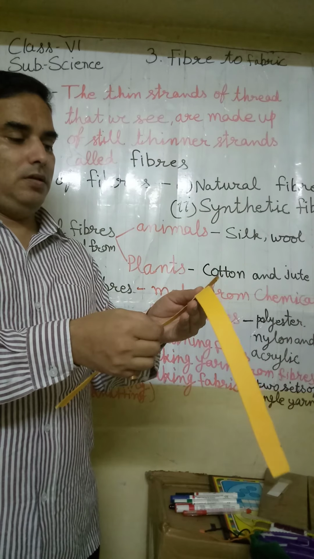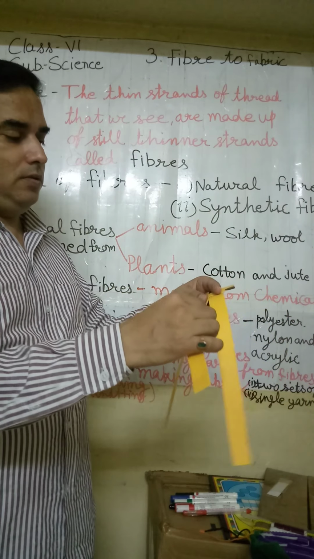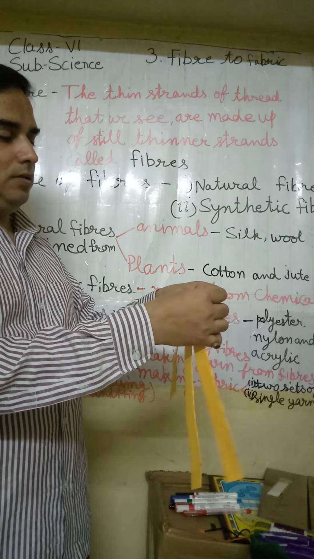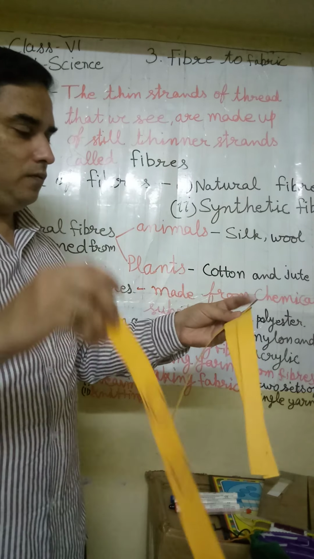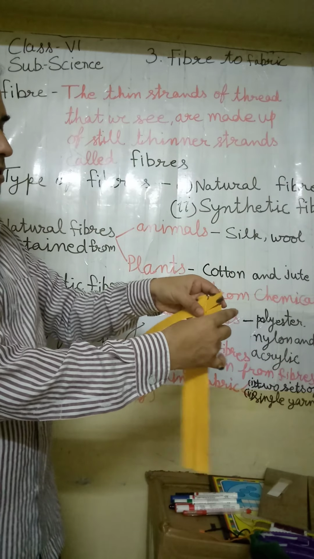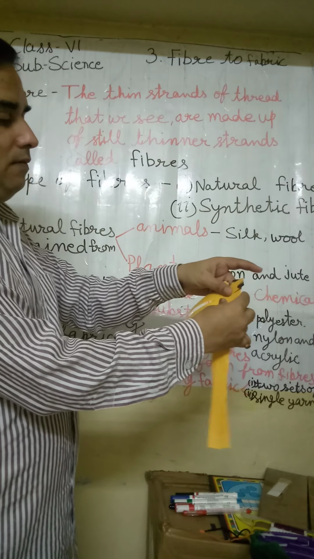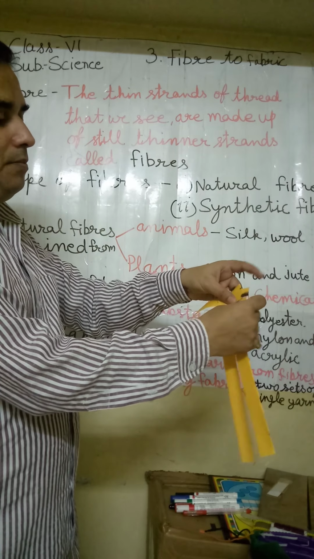One and second one, afterwards third one, afterwards fourth one. So you can see here we can weave two strands of fiber together and make fabric.